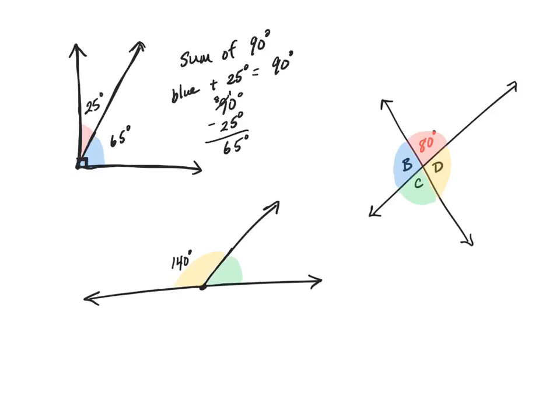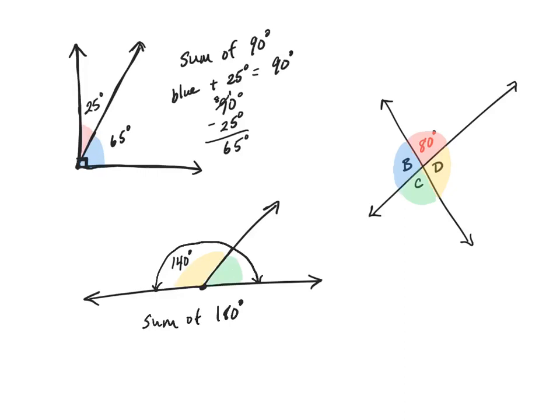So let's now look at the bottom left angle relationship. I see 2 angles that appear to be supplementary, and they're supplementary because if I look at their combined angle sum, that forms a 180 degree straight angle. So if I know that they are supplementary, they have a sum of 180 degrees.